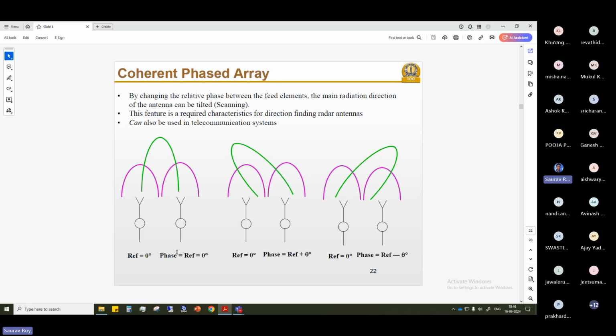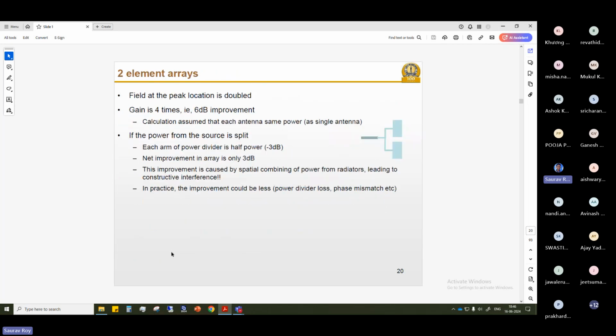You have to feed both the antennas from the same source, same carrier source, or the same VNA, whatever you are using. So how do you do that? That's why we use a power divider. We give the same carrier signal, divide it, and feed it to them. That is what we have seen here, right? It's a very simple thing, but it has a lot of implications for a phased array.